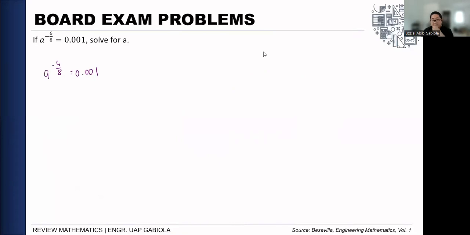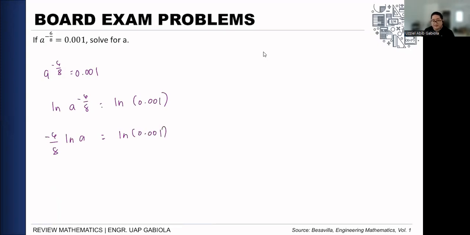Yan. So, pwedeng gawin natin para mas simple, i-ln natin both sides. ln A^(-6/8) equals to ln 0.001. Okay? Pag naka-ln na siya, pwede natin ilagay ngayon si negative 6/8 dito. Negative 6/8 ln A is equals to ln 0.001.